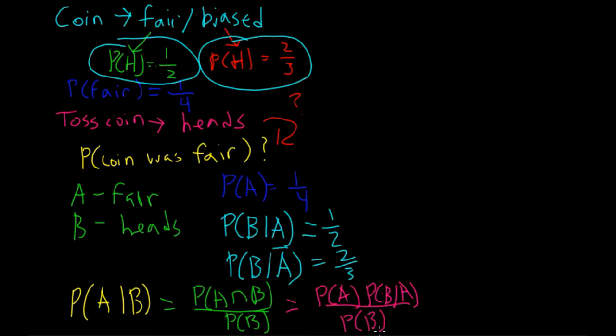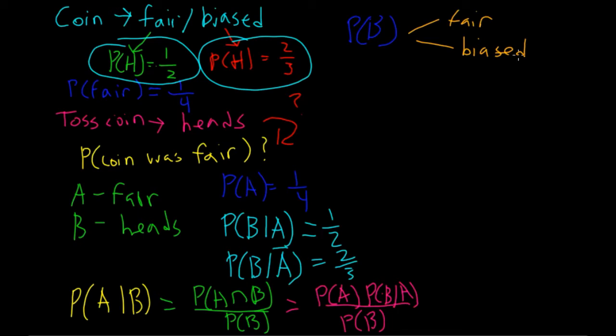Okay, seems like we're getting somewhere. Now, what is the probability of B? That seems like a big question right now. Well, the probability of B can be split up into two cases really. Either the coin is fair or it's biased, right? Because we have to first figure out whether it's a fair or biased coin before we can figure out the probability that we get heads.